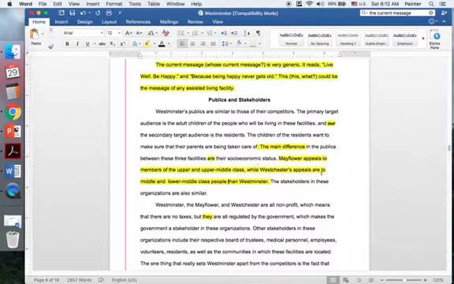"While Westchester's appeals are to middle and lower middle class people than Westminster" doesn't make sense, right? So we need some work here.